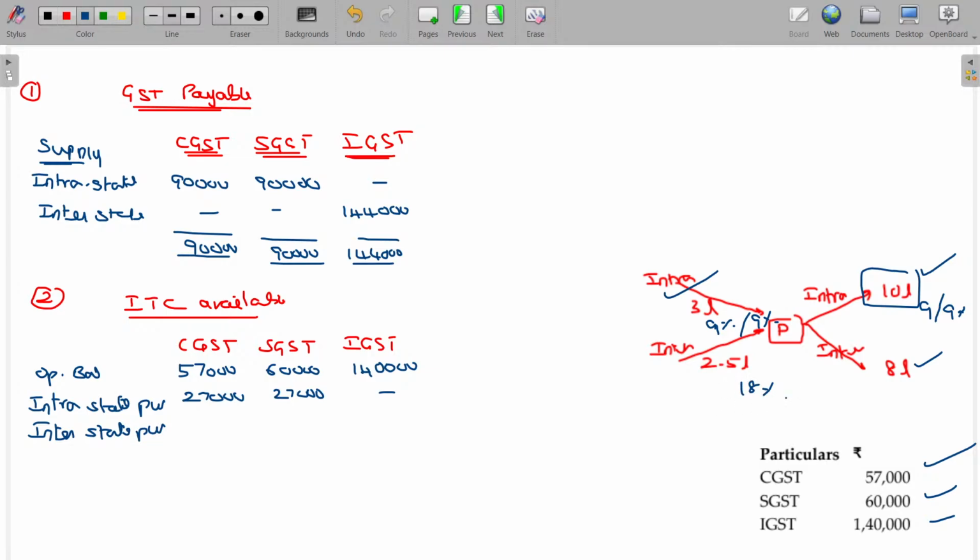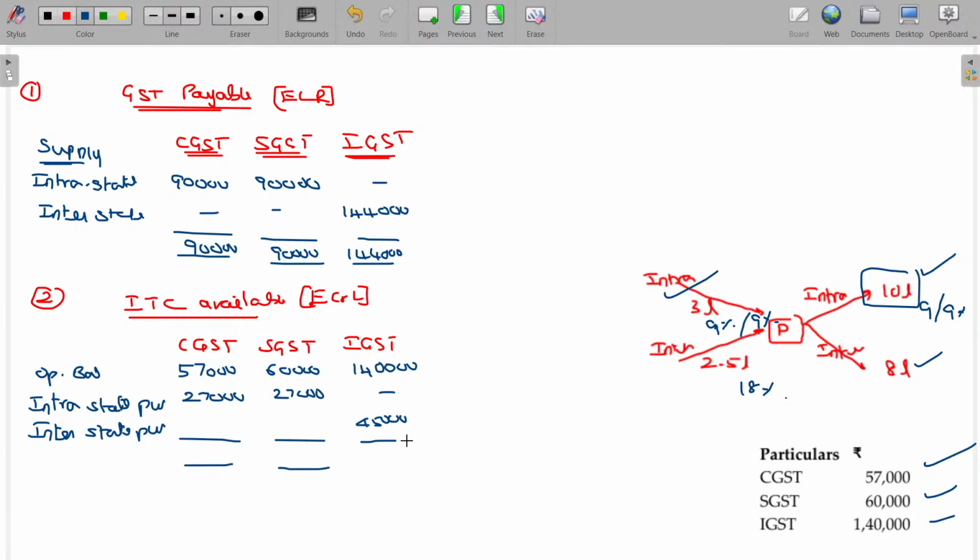In case of inter, it's a combination of these two. 18% on 2.5 lakhs, 45,000 may be received. All these things will be credited in the electronic credit ledger.